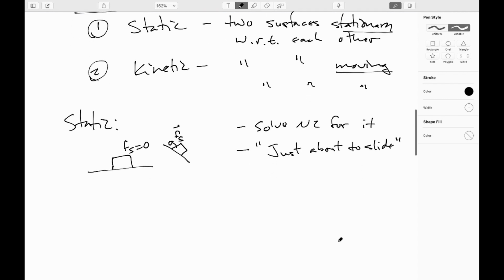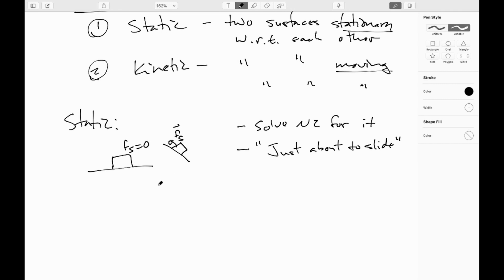So the value of static friction can take on any value between 0 and Fs max. This is the biggest value of friction that you can have from the surfaces.